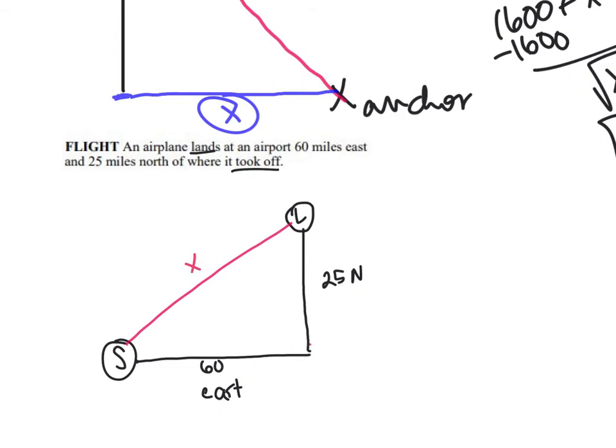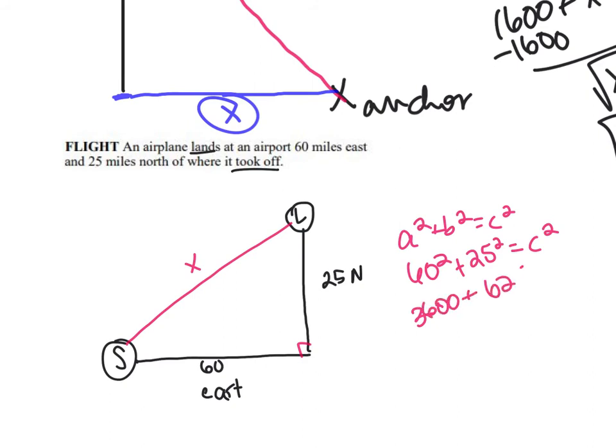So again, we have this right triangle. Our legs are 60 and 25. Our hypotenuse is what we're solving for. So when we figure out these numbers, we get 3600 plus 625 will equal c squared.